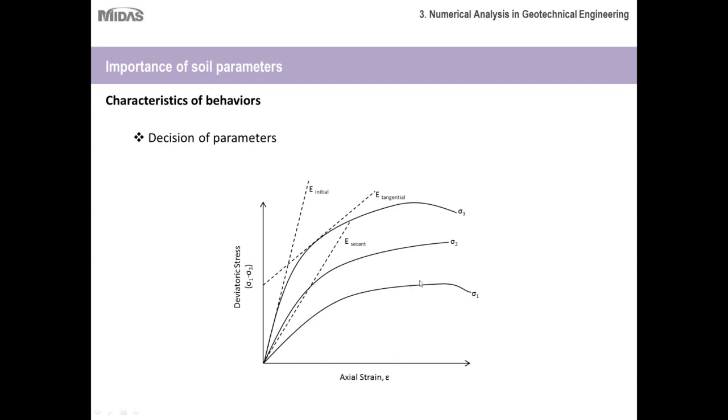And usually what happens with soil is it'll reach a yielding point, and then it'll start to go down, it'll start to soften. This type of behavior makes the design of geotechnical structures a little bit more complex, especially for larger geotechnical structures where the strain would reach a point where this yield point would be reached.